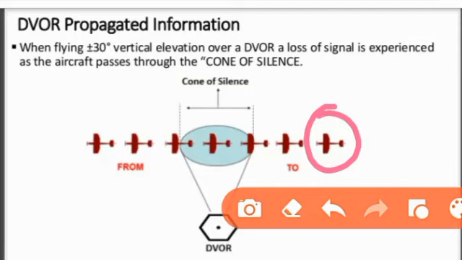As this aircraft is moving towards the left side, when it reaches this circle, then this aircraft cannot be detected. This cone is known as the cone of silence. Cone of silence is usually a plus minus 30 degree vertical elevation. In this region, aircraft cannot be identified by DVOR. This region is known as the cone of silence. Let us write this.